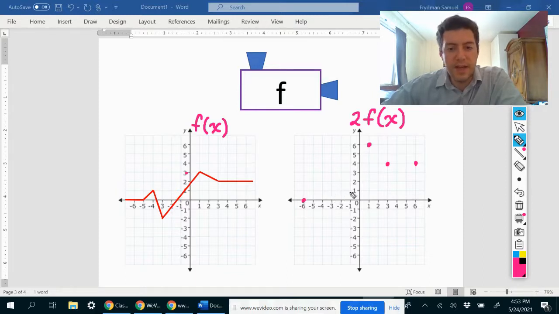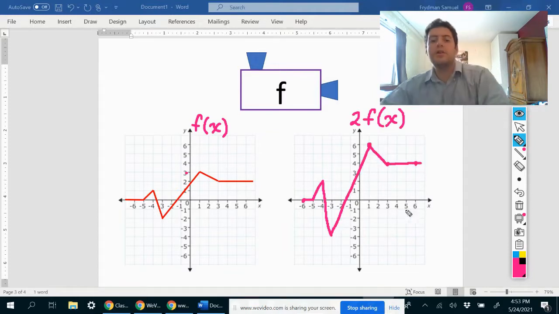Okay, so in the end, this is going to look like this. This down here, it was at -2. If we double that, it'll go down to -4, right? And then back up here. Okay, so it'll look like that.